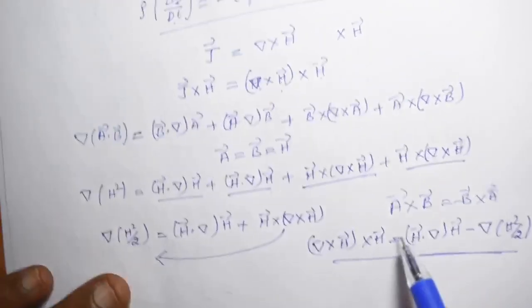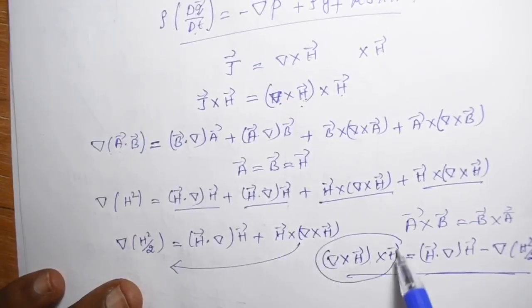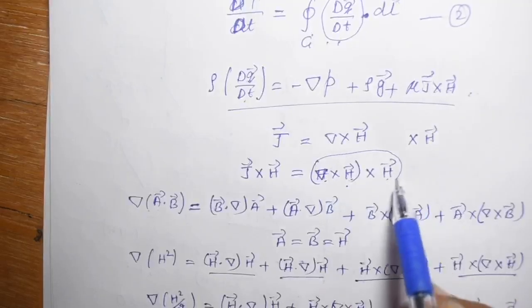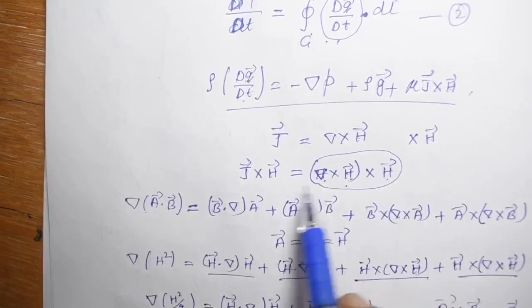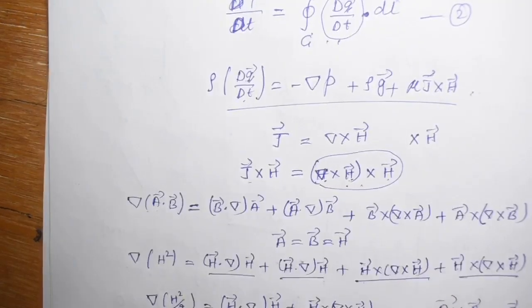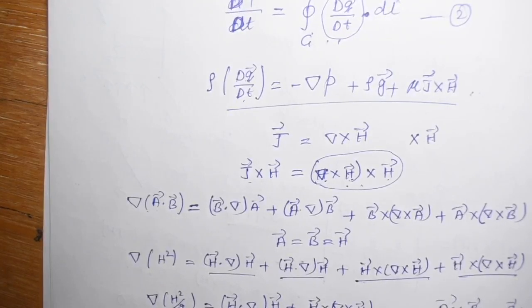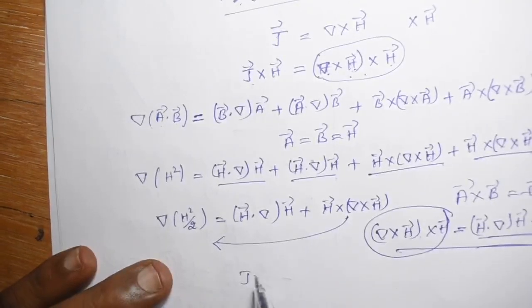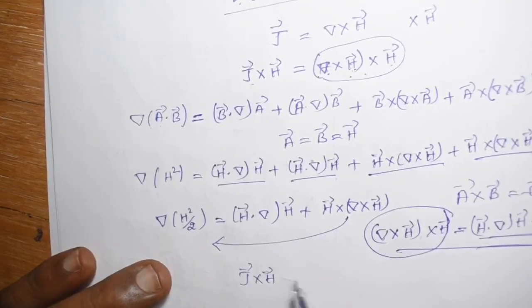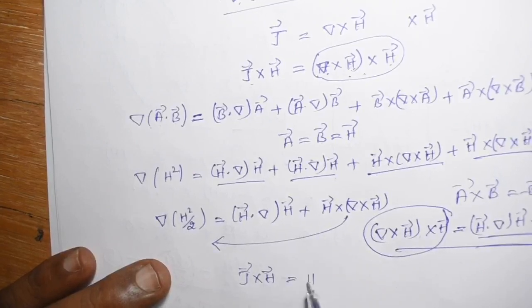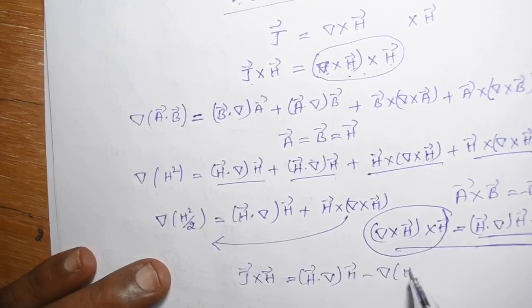Substituting this, J cross H becomes simply H dot del of H minus gradient of H squared divided by 2.